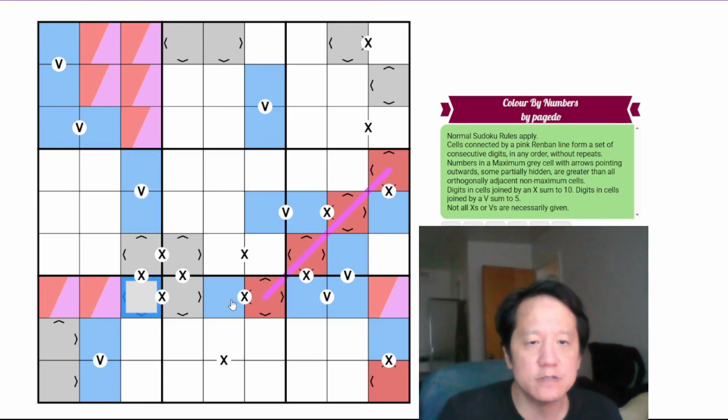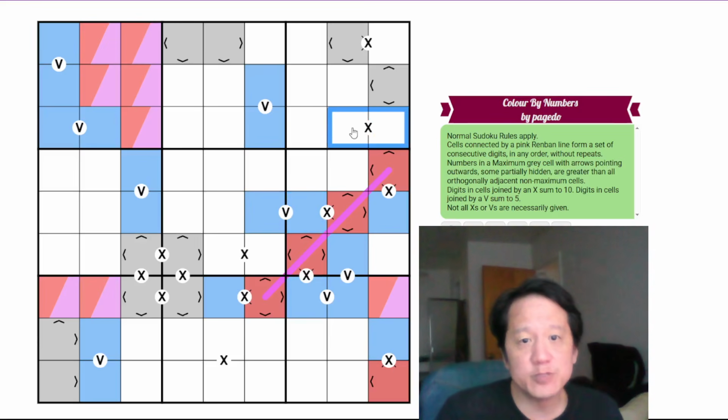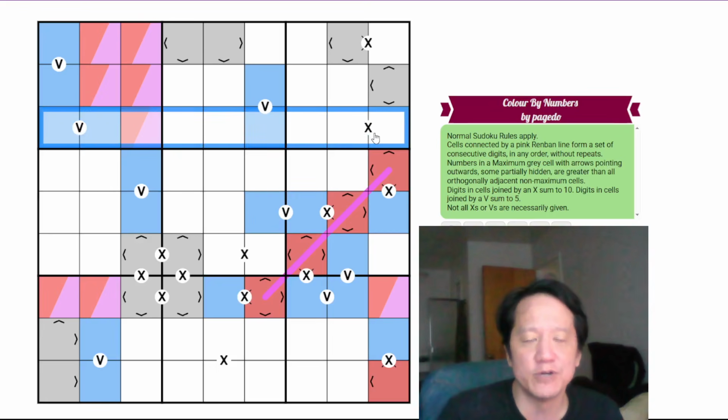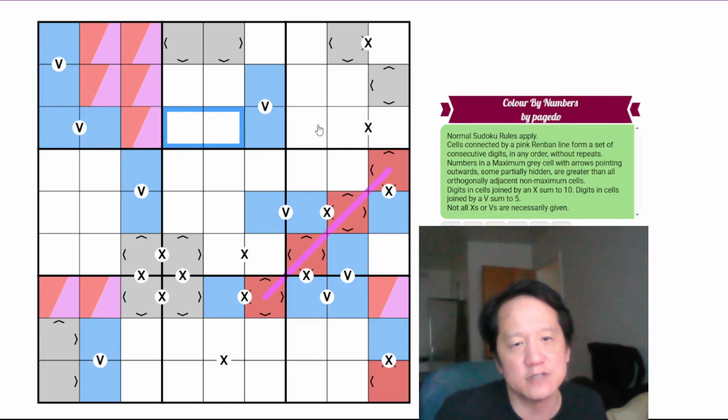Let's see. There must be a low digit here and a high digit here to add up to 10. So that means we have a guaranteed 4 low digits already in row 3, which means the rest in row 3 are high or 5.